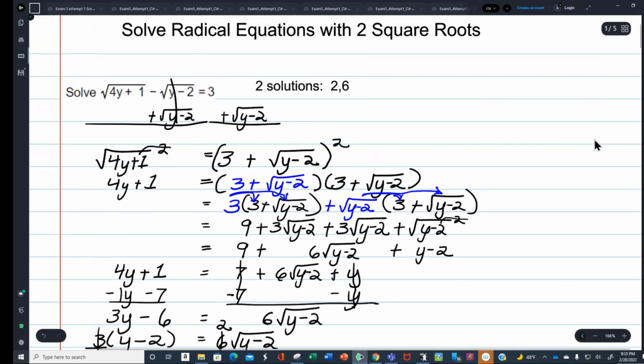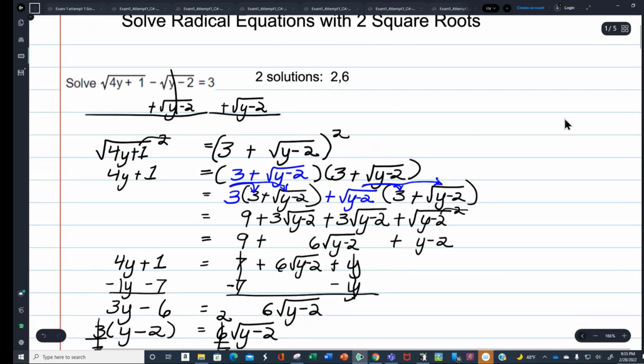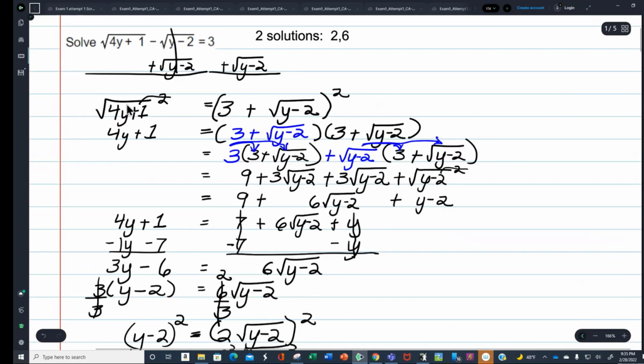We have two solutions here. 2 and 6. And notice, first we isolated one of the radicals, then we squared both sides, which meant that we have to actually multiply square roots that have two terms underneath, two terms in the argument. A little bit scary, but we came through it okay.